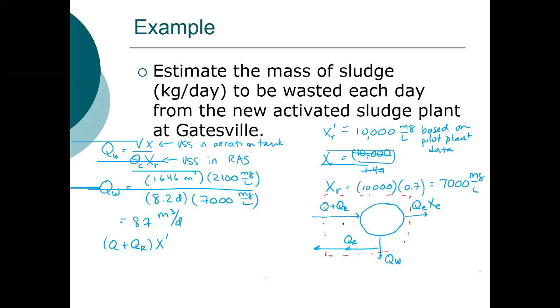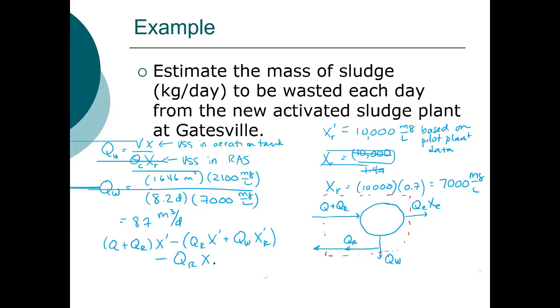So this enters, minus QR times X prime, plus QW XR prime, minus QR XA, and this is equal to 0.